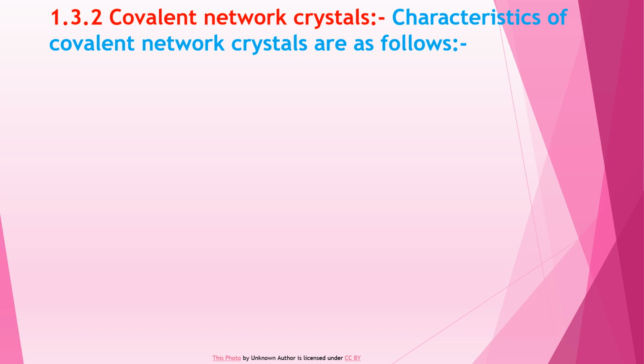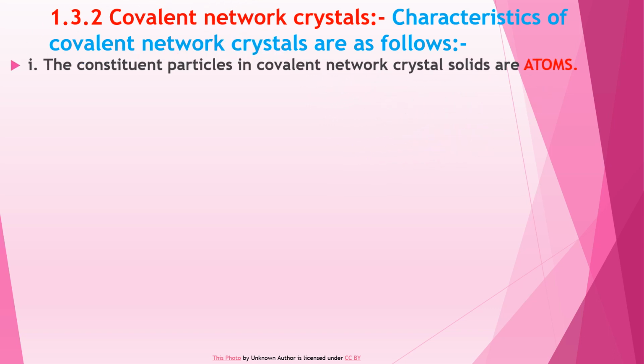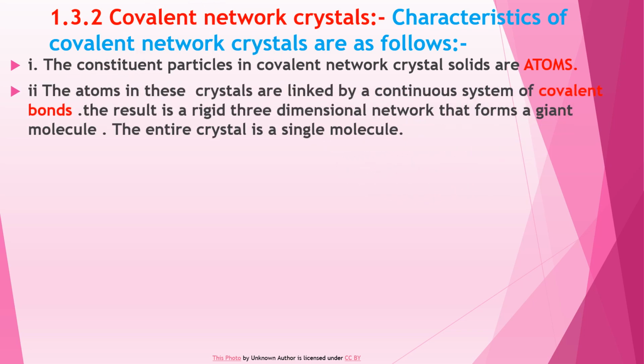Next one, covalent network crystals. The characteristics of covalent network crystals are as follows. First, the constituent particles in covalent network crystal solids are atoms. The atoms in these crystals are linked by continuous systems of covalent bonds. The result is a rigid three-dimensional network that forms a giant molecule.